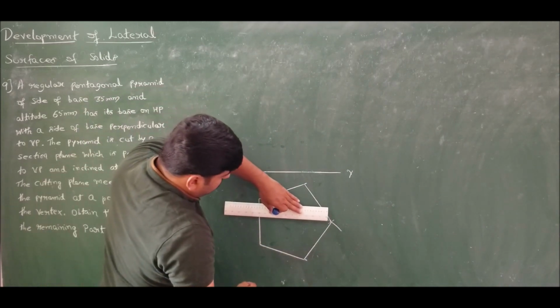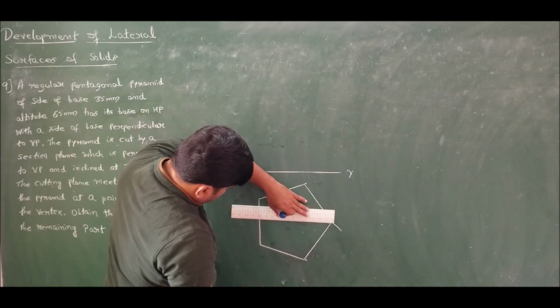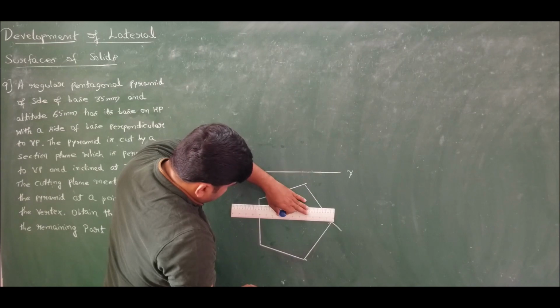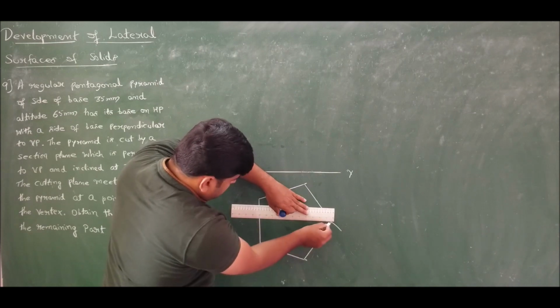Now find the center of this pentagon by drawing a perpendicular bisector from each corner to its opposite edge.